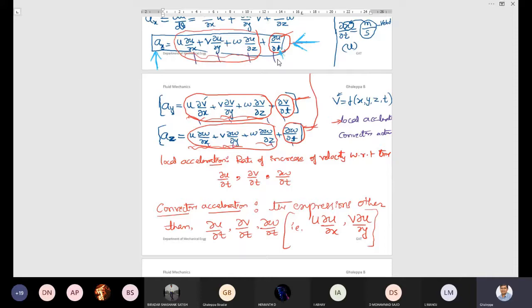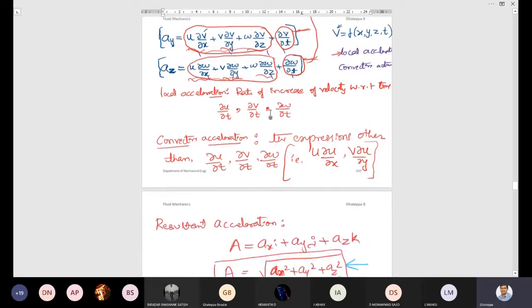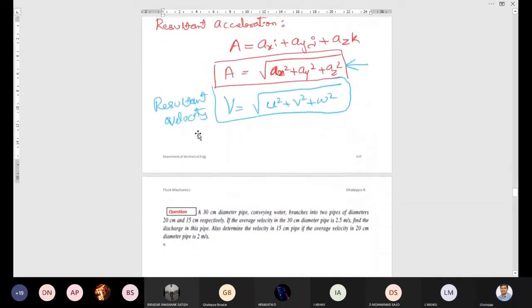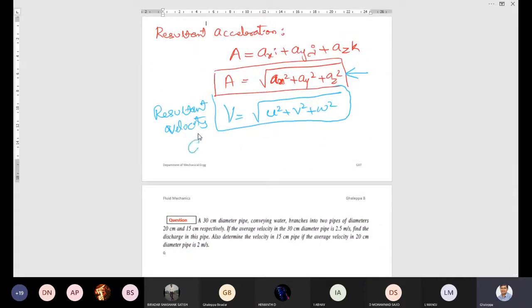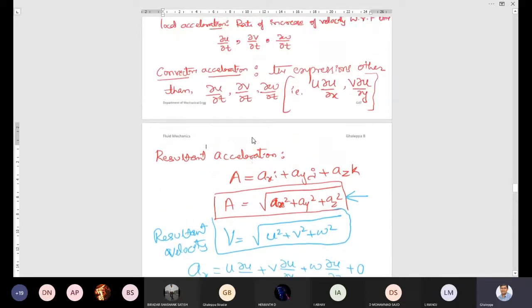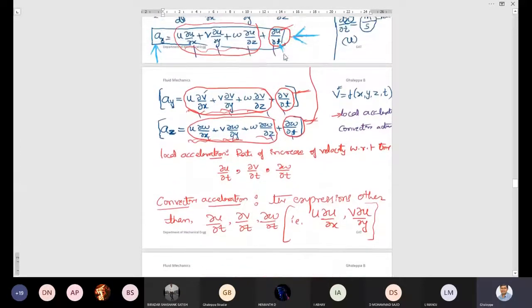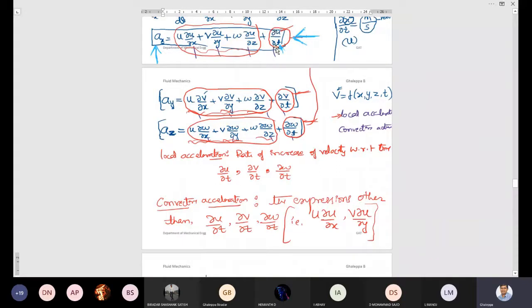T stands for time. So for steady flow, I will write the acceleration along x as u dou u by dou x plus v dou u by dou y plus w dou u by dou z plus 0, because that property I have just now shown you on the screen, the 4th term, is a function of time.